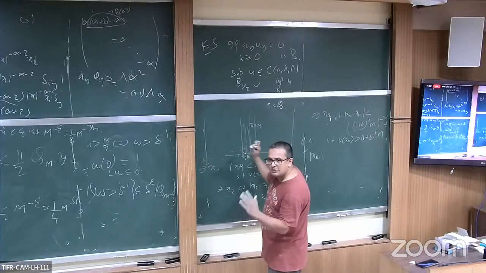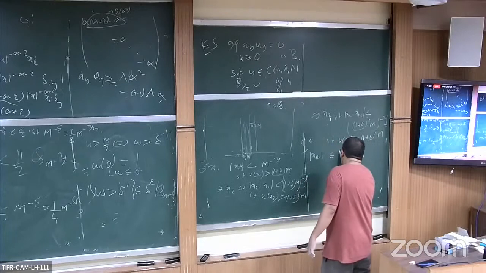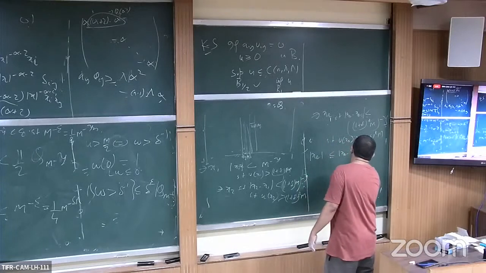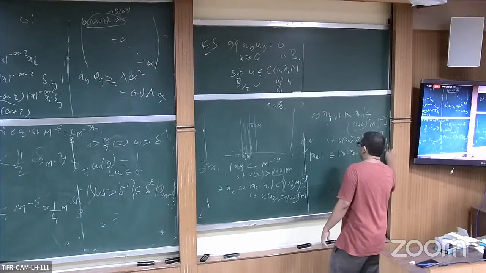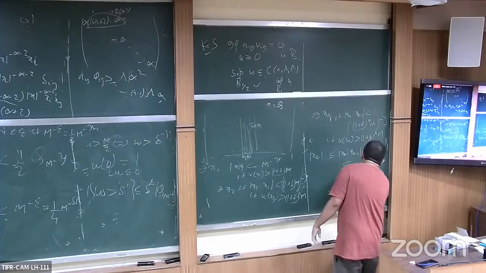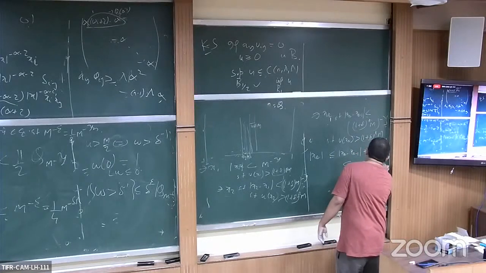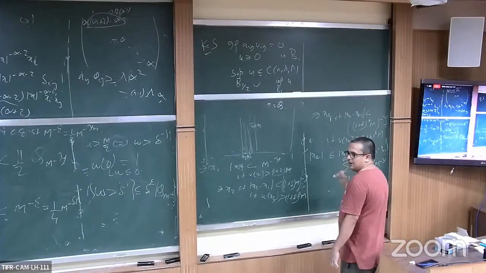So norm of xk is less than or equal to norm of xk minus 1 plus xk minus 1 minus xk minus 2 and so on. And how are these distances growing? This is like a summation of 1 plus delta to the minus k gamma times m to the minus gamma, and I can bound it uniformly in k from 1 to infinity.